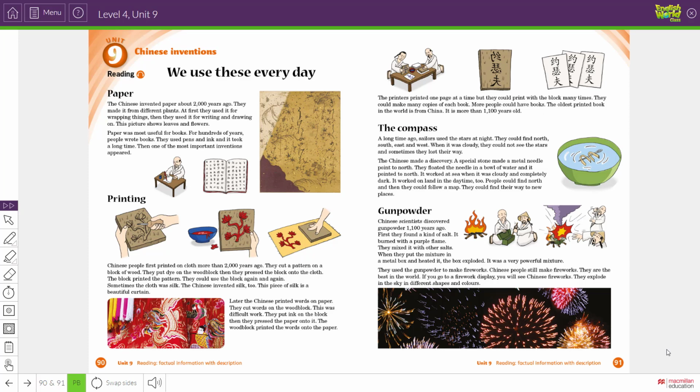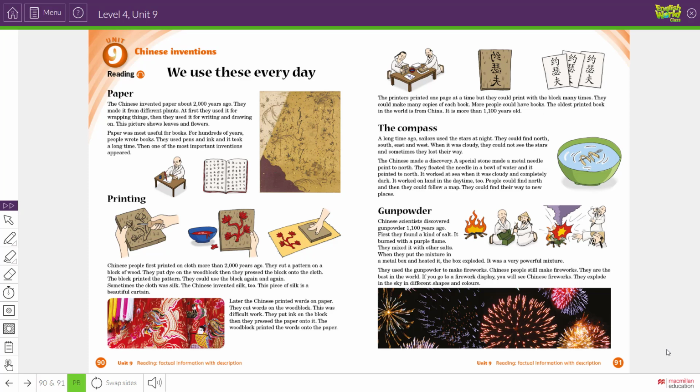Okay, before we start our lesson, I'd like you now to look at these pictures on pages 90 and 91. What can you see? Yes. You can see a man who is trying to write on a paper. Yes, this is the first picture. What else?